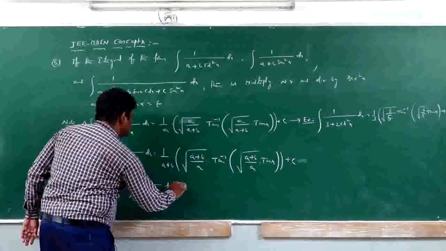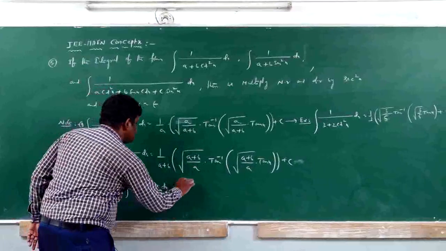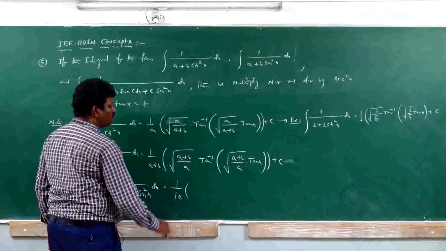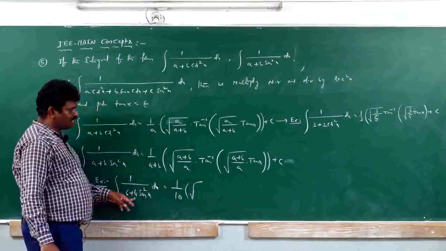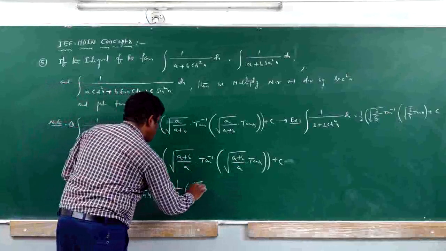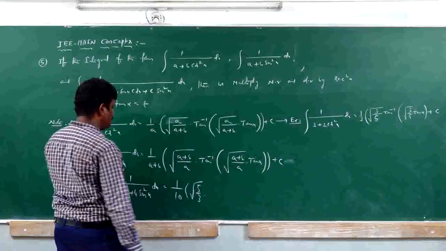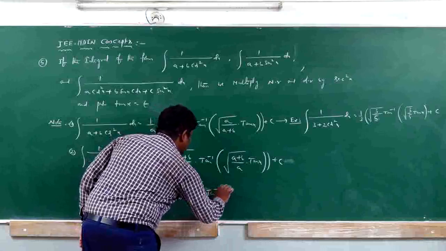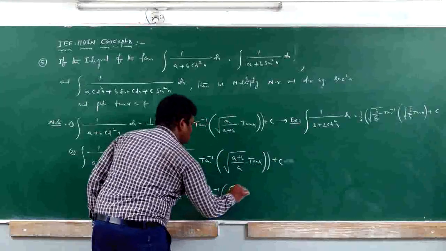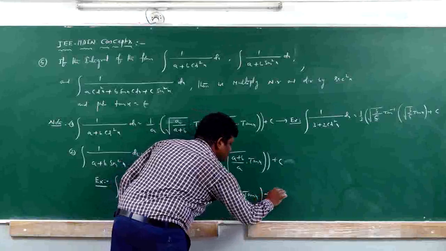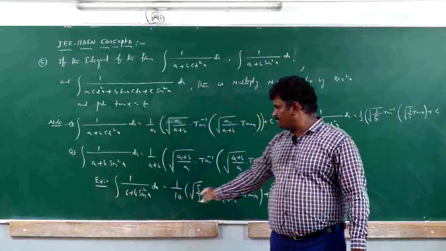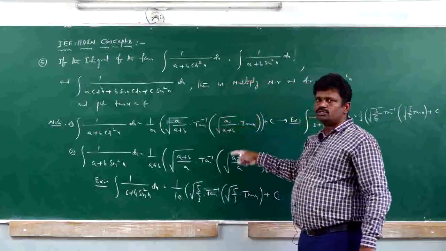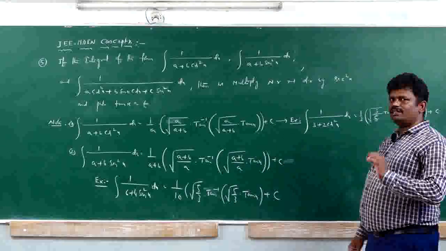If you take the example here, 1 by a plus b, first the sum: 6 plus 4, 10, into square root of 6 by 10, which means 3 by 5, or 5 by 3 in the inverse form. Then tan inverse of square root of 5 by 3 into tan x plus c. That is another shortcut method for this type of model. So these two models are important. If we remember these two shortcut methods, we easily get the answer within 1 or 2 seconds.